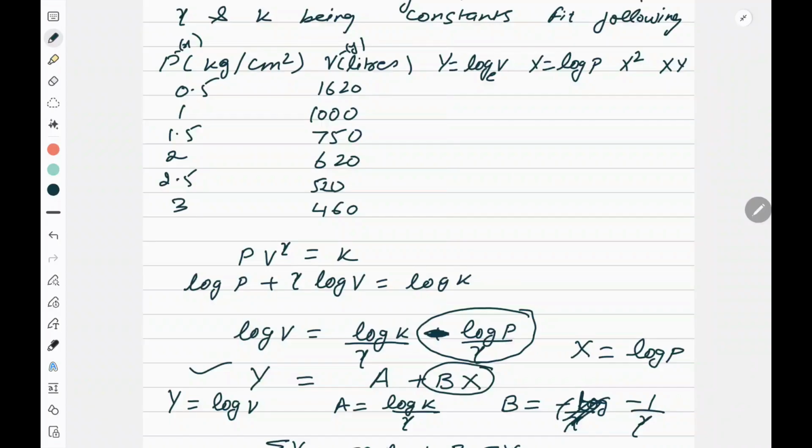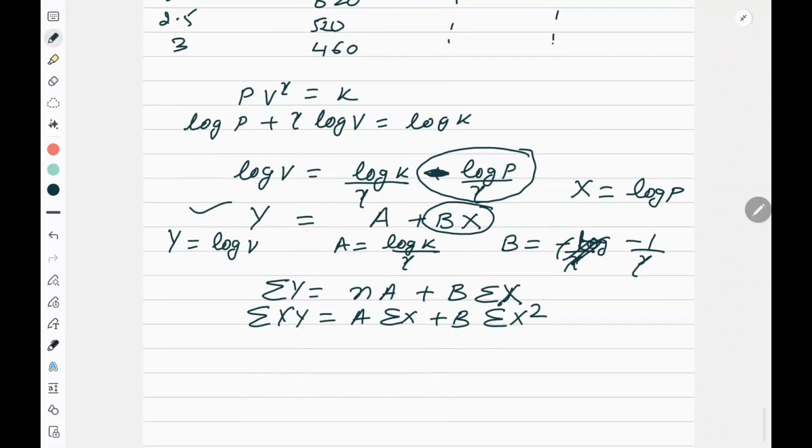Now if I do this, what will I have? Y values, if you are putting, you will get 7.3902, 6.9078, 6.6201, like this you find out. Same way you find out x values: minus 0.6931, 0, and like this you fill up. Same way xy you fill up, x square you fill up. What exactly do I need here? I need summation y, summation x, summation xy, and I need to substitute those values.